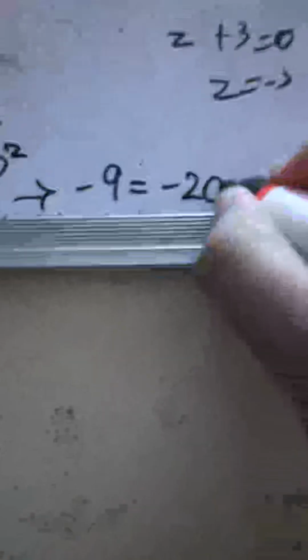So minus 9 is equal to minus 2C. Here it is divided. Since multiply and divide are opposite things, division means how many parts are taken, right? So this is minus 1.